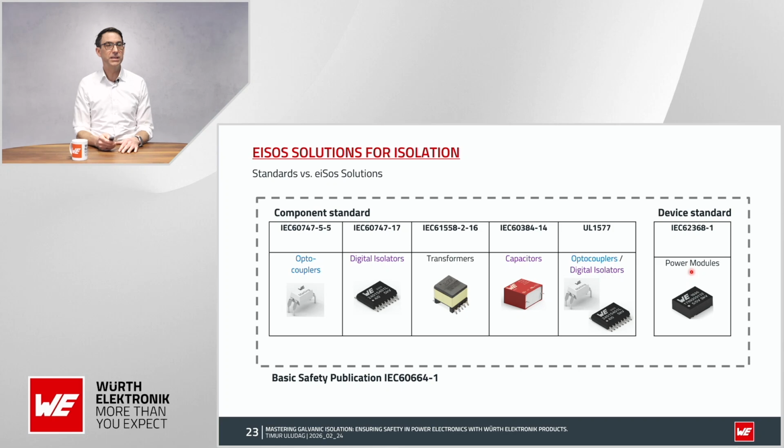As you can see here, the basic safety publication, the IEC 60664-1, is the foundation that gives you the information for all component standards and also for the device standard, to have the common understanding of what is a galvanic isolation, how it should be treated, how many millimeters you need for clearance and creepage or for distance through isolation, isolation voltage.